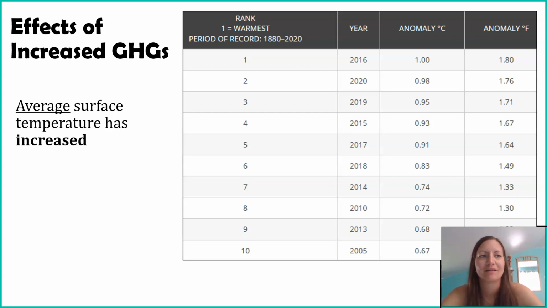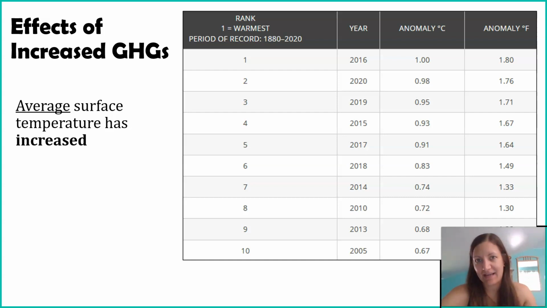Now, you might be like, wow, really? 1 degree warmer? Why is everyone getting so caught in a tizzy with this small degree of warming? Well, there's two reasons. One is that small temperature increases actually make huge impacts. We'll talk about those impacts in a little bit, but let me give you an idea.